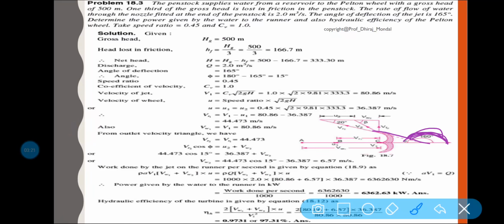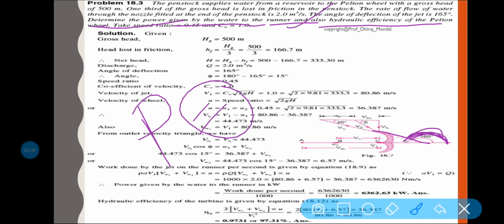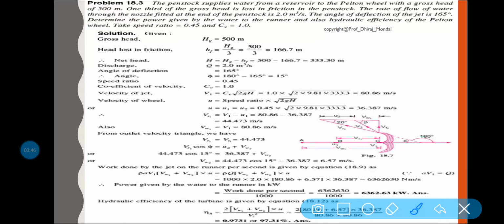Now come to the next point. Determine the power given by the water to the runner and also the hydraulic efficiency of the Pelton wheel. So you have to determine how much power is given by the water to the runner. Clear? Now take the speed ratio 0.45.